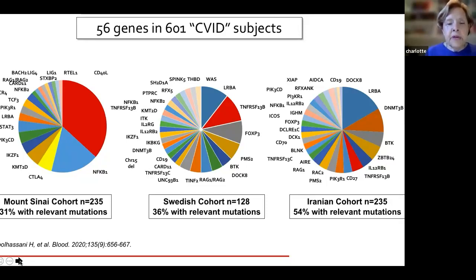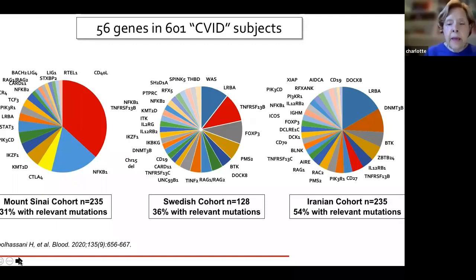And as you can see, even though I've tried to color code the genes similarly, the genes that were found in the Swedish cohort that have CVID are actually quite a bit different than they are in the United States. 36% of his patients come up with a diagnosis that we can put a name on. And then if you look at our colleague in Iran, Al-Bassani, we can see that although 54% had relevant mutations, again, they're quite different than the ones in the United States.